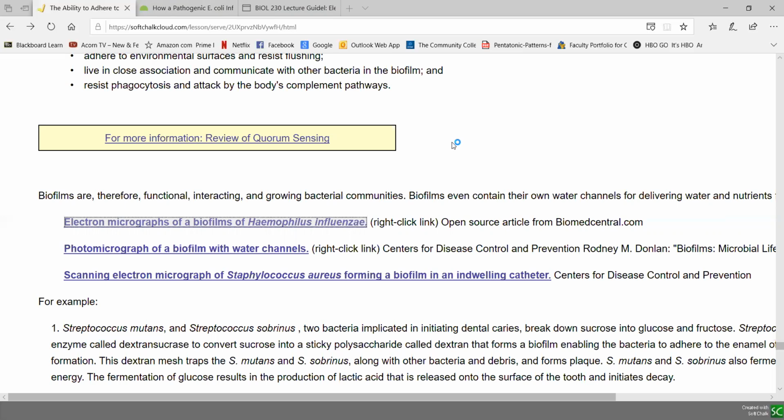And as the biofilm matures, water channels begin to form to deliver nutrients and oxygen, remove waste, and eventually the major water channels develop into smaller water channels, so the whole community of bacteria get fed and receive oxygen if they need it, get rid of waste products and such.